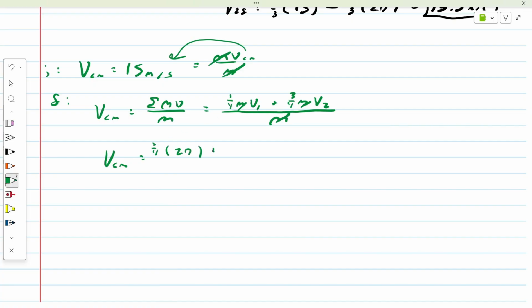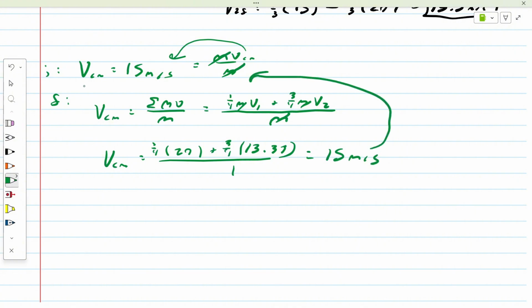So this one's 20 plus the 3/4, and this is what we solved for, the 13.33, and this is just over 1 since the masses got canceled. And when you plug this into your calculator, you'll get 15 meters per second, which is the same velocity as initially. So this velocity of the center of mass did not change. And so whenever the momentum is conserved, so is the velocity of the center of mass. That center of mass velocity doesn't change when the momentum is conserved.